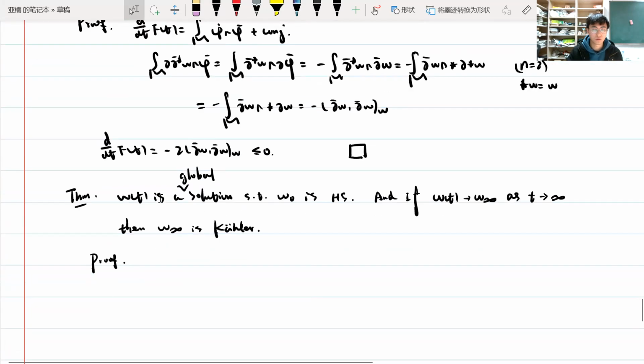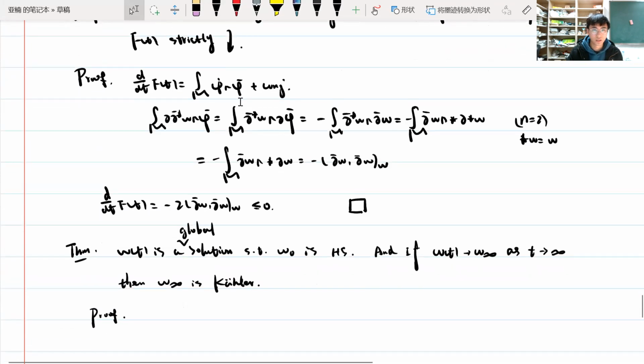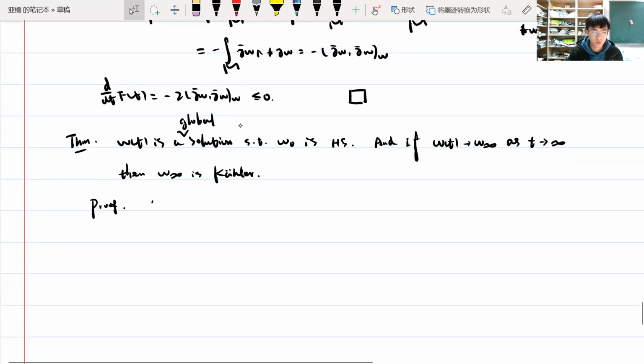This is because we can consider the norm of phi. Recall that omega is Hermitian symplectic, then it satisfies this equation.